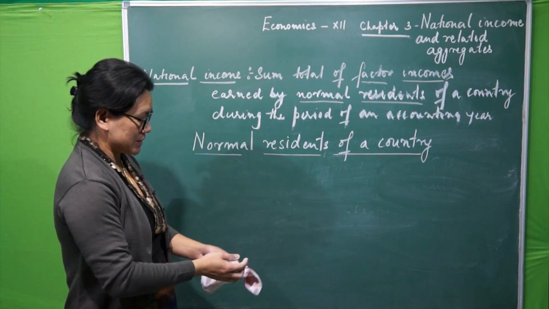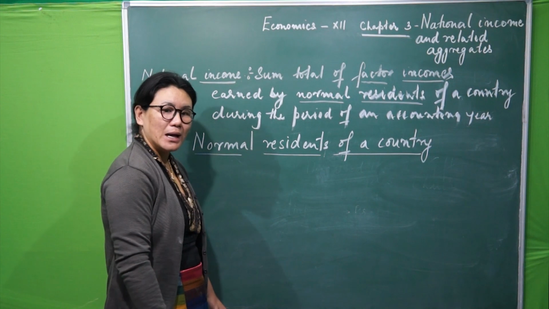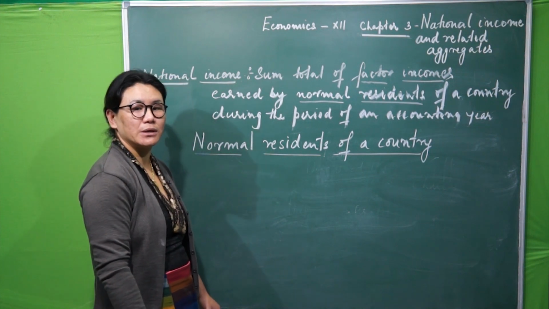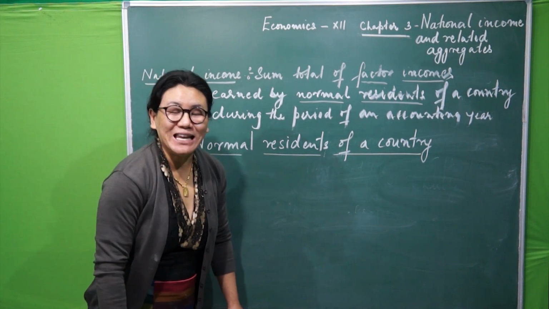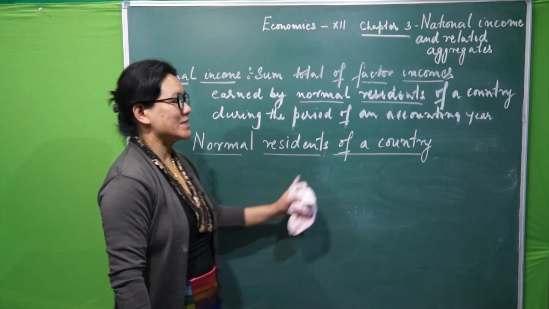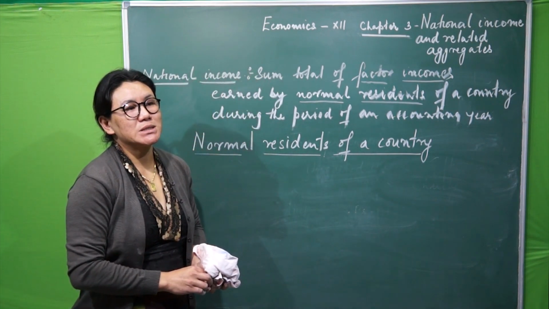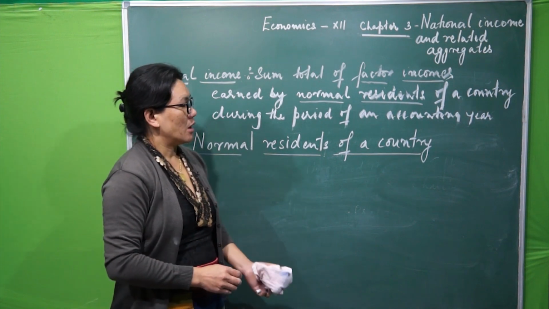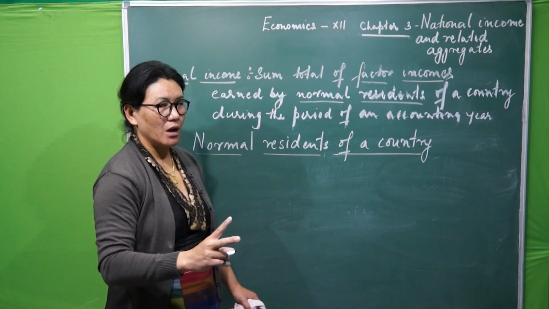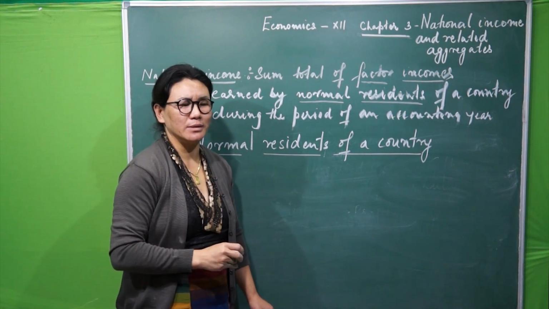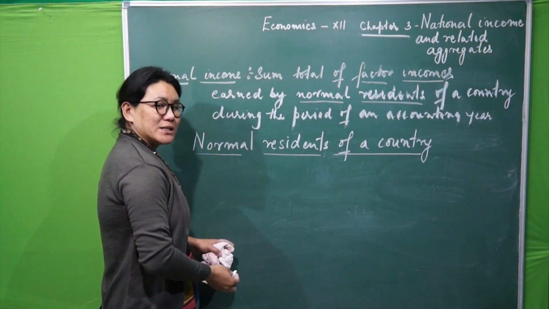Who is called the normal resident of a country? To be called a normal resident of a country, he or she must follow two conditions, or we can also say rules.